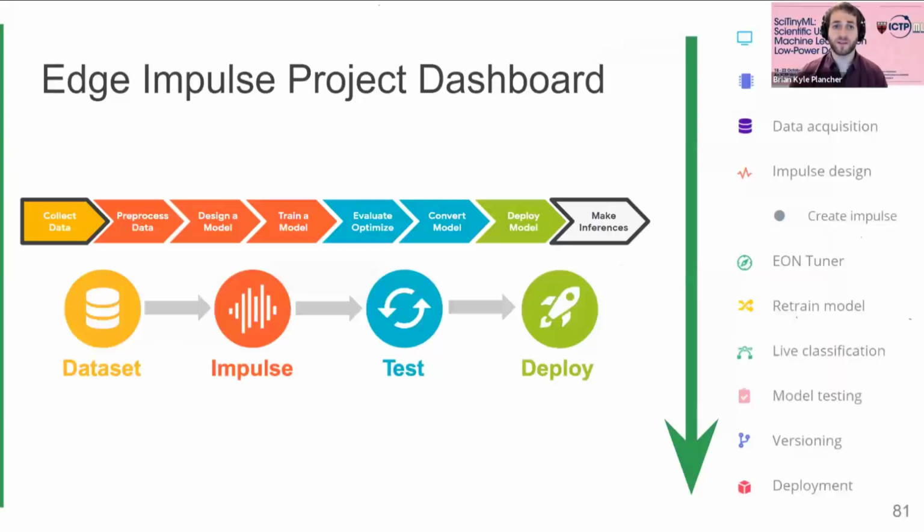This is the Edge Impulse dashboard flow, and it maps directly to the process we were talking about before. You have data acquisition, impulse design, then a bunch of really cool things you can do for testing, which we won't have a ton of time to explore today, but I do suggest you explore at some point. And then there's a button for deployment. We're just going to walk through this, which is essentially the same flow as what we've been talking about the whole time, and do this together.